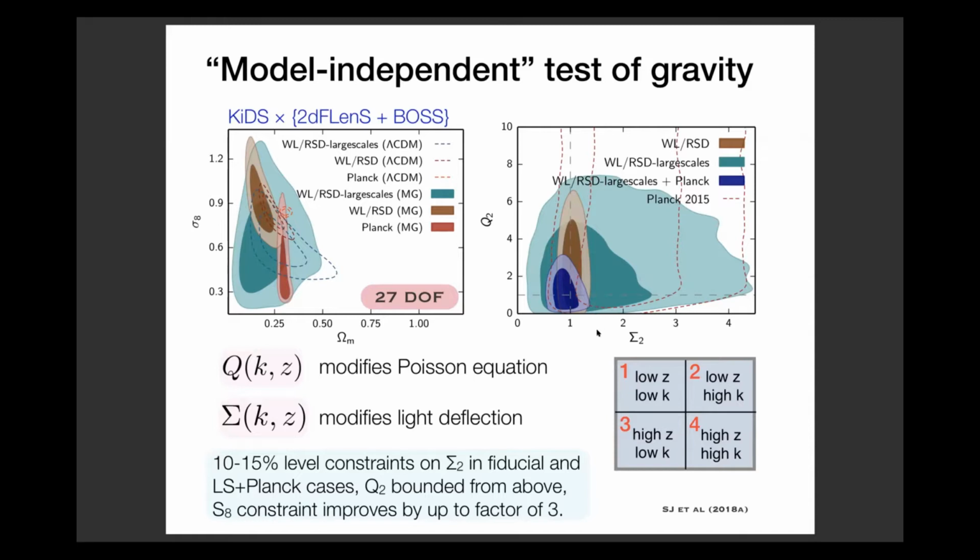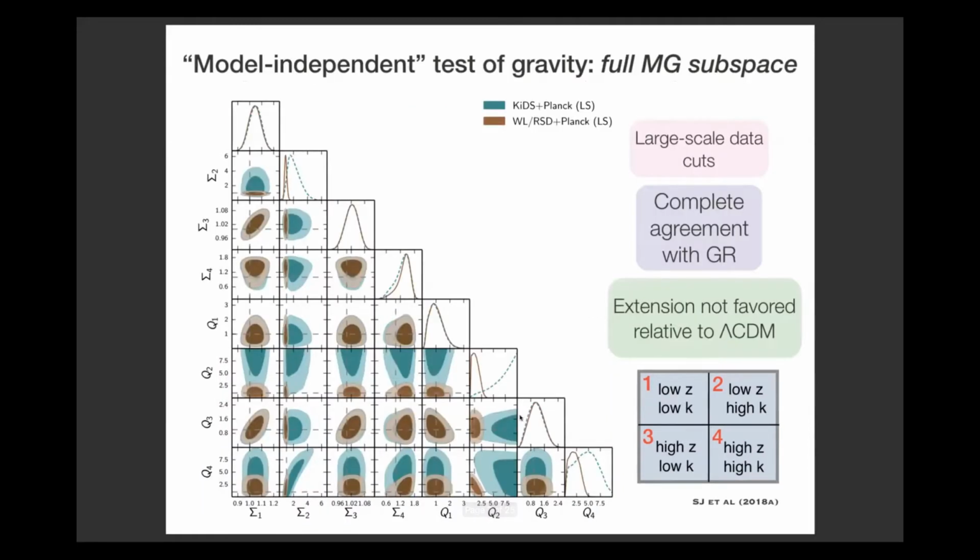But what I really want to do is go to the next slide, which shows you the full modified gravity subspace. So we're varying the standard cosmological parameters, and we're varying all the systematic parameters, and this is just the triangle plot in the modified gravity subspace. We're including large-scale cuts because we can't model the nonlinear scales adequately, and we find complete agreement with GR.